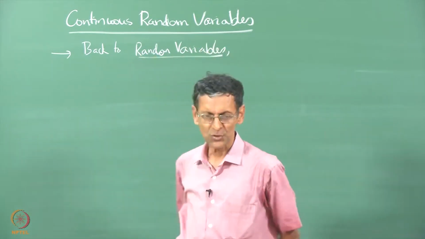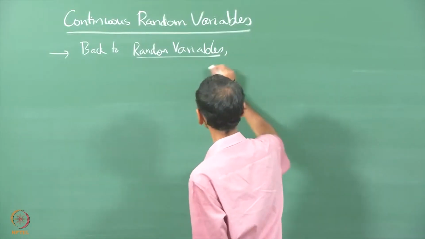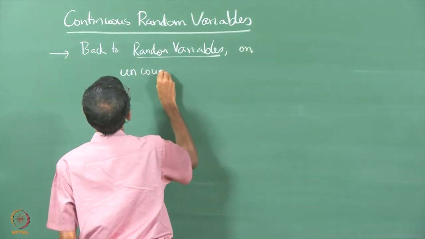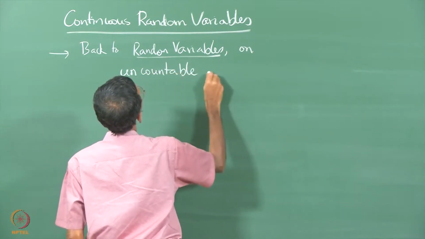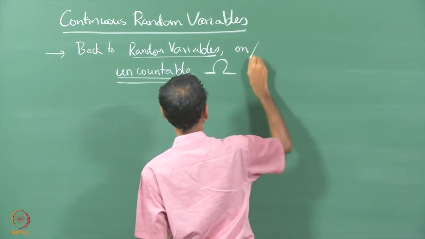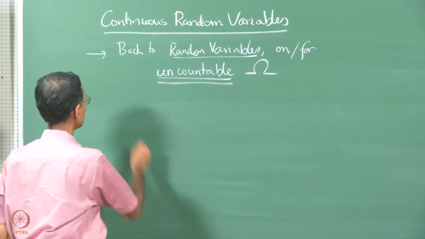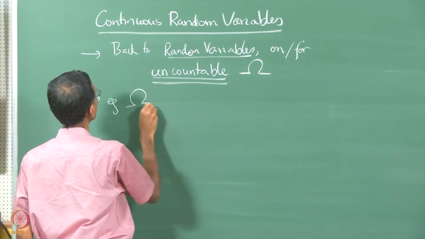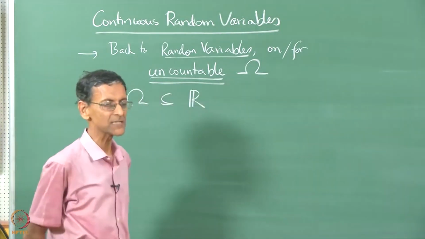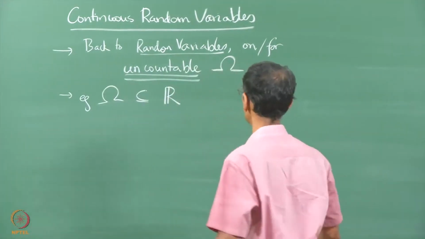But we are now going to see how these random variables behave when they are defined on a continuous or uncountable sample space, or let us say for the case of uncountable omega, such as omega itself being a subset of R, that is, a real line. So, this is the simplest such uncountable sample space that we have.